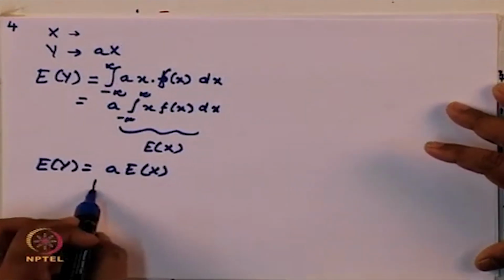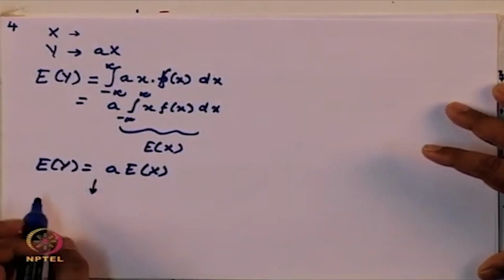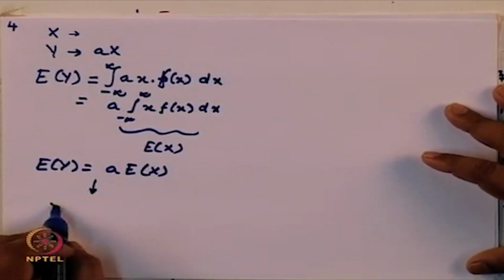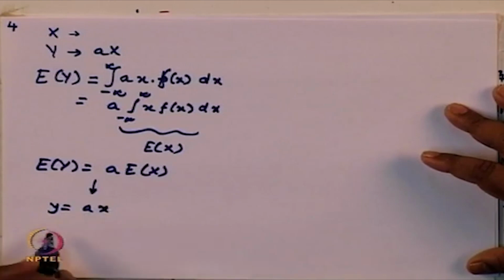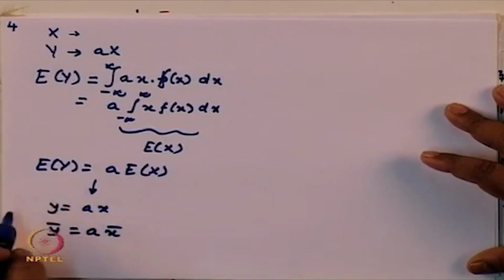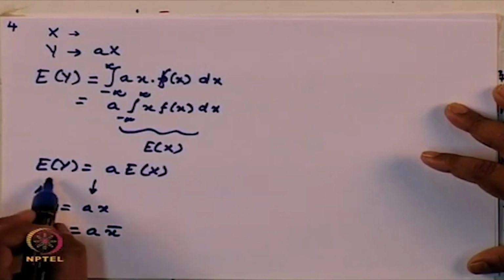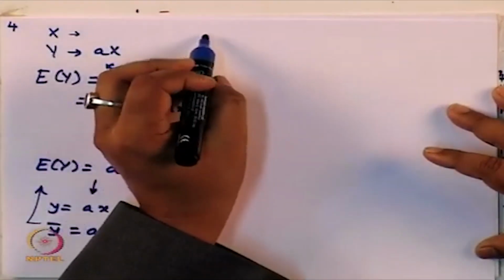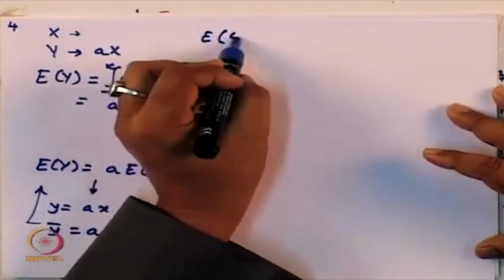So, this is similar. You remember from long back we had done this basic transformation. If you define y is equal to a x, then y bar is equal to a x bar, and this is nothing but the exact same equation, because expectation of y is simply y bar. So, we can use the similarity concept and ask what is E of a constant c?